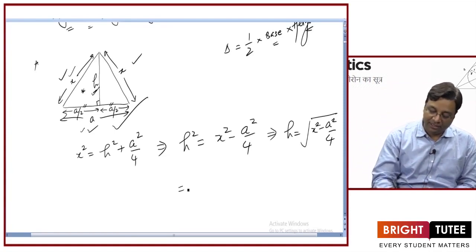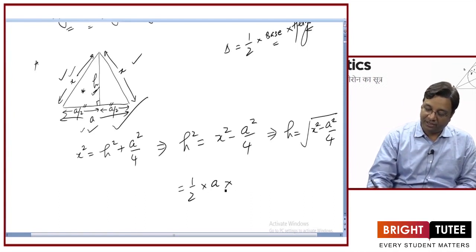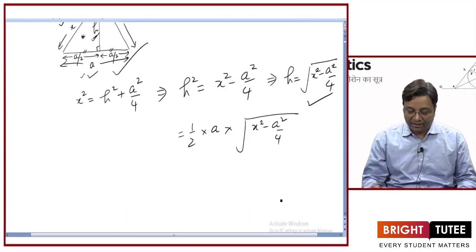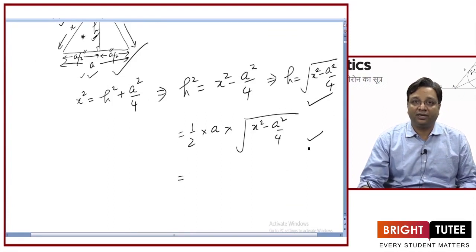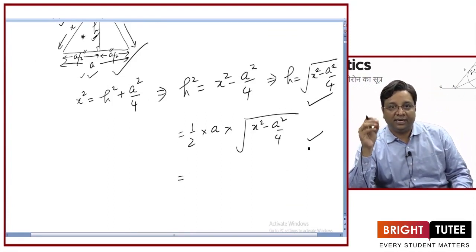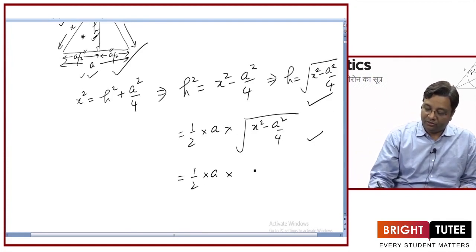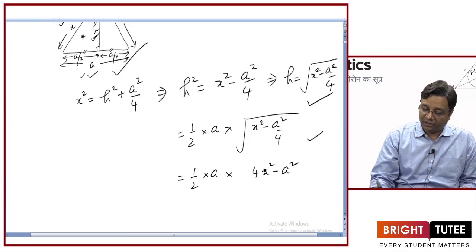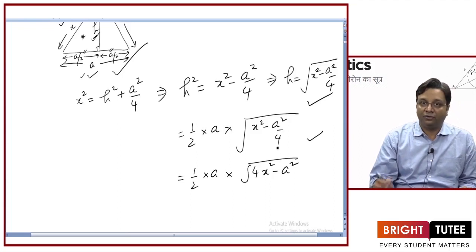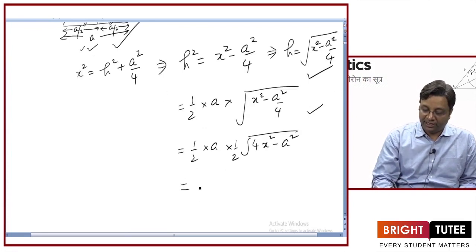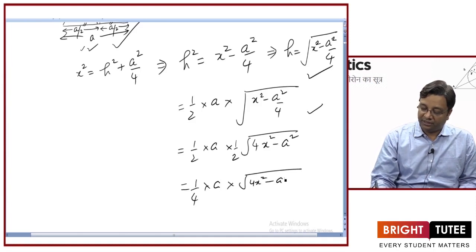The area will be half into base a into height, which is square root of x square minus a square by 4. In some of the books you don't have to memorize these formulas. You can see the question and find it there and then. So half into a into square root of 4x square minus a square, and when this 4 is taken outside, it will come as 1 by 2 here. So the area is 1 by 4 into a into square root of 4x square minus a square.